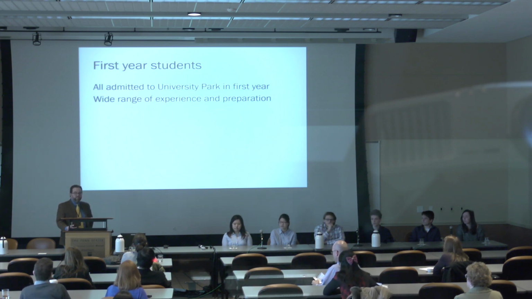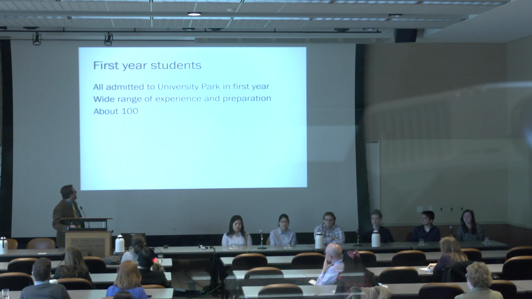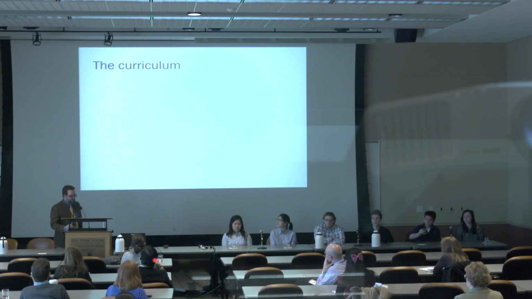And you find students, especially townies like Jake and Sarah, right, who might arrive here having already had fairly significant research experience. So this range of preparation is a thing that the first year courses in science and math here have to deal with all the time. There's about 100 students that come in to our programs, and we got about 80 of them that we could schedule into this course.